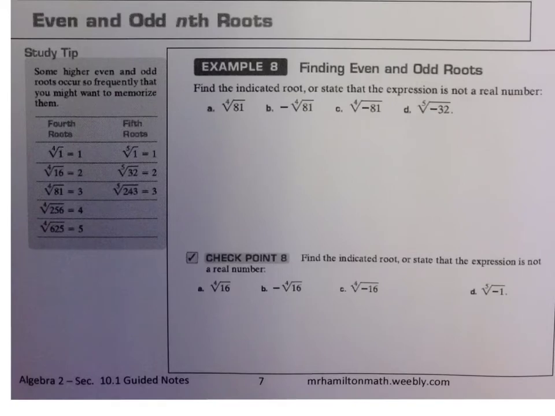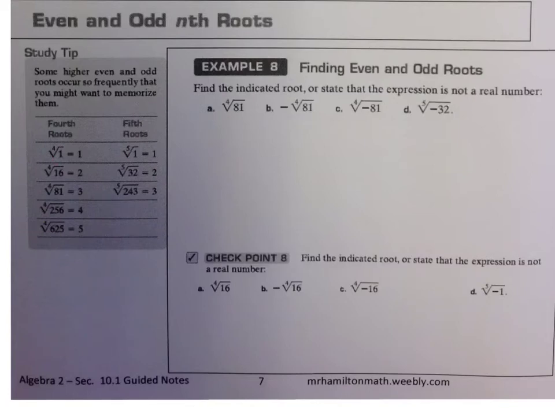On the side here you can see we've got common roots for 4th root and common roots for 5th root. There are other roots, there's 6th, 7th, and so on, but we're going to only work with squared, cubed, 4th, and 5th. And these problems are pretty simple. 4th roots obviously are even. 5th root would be odd.